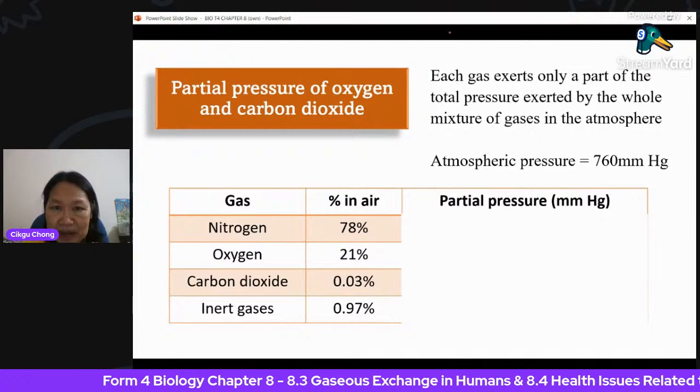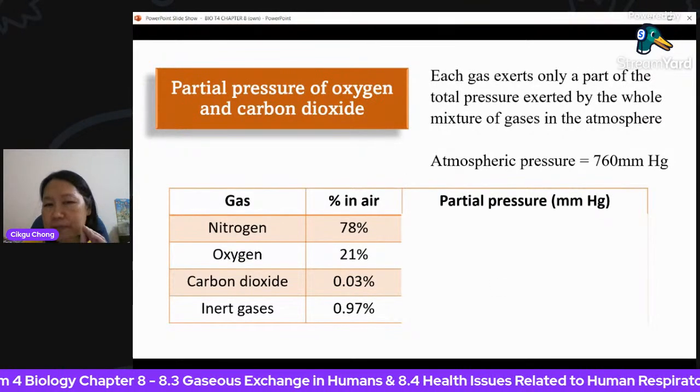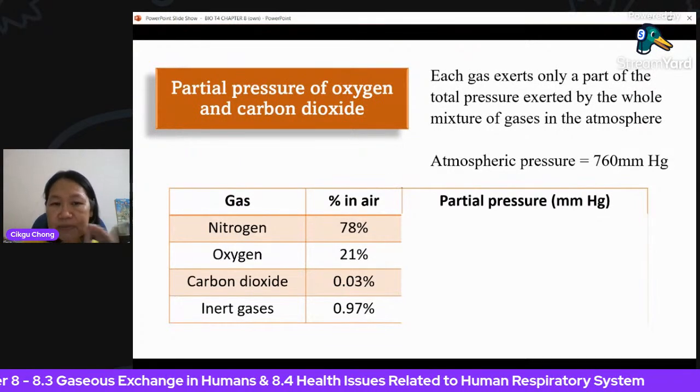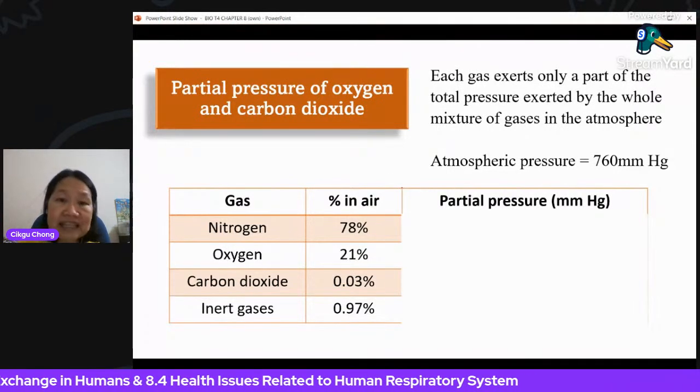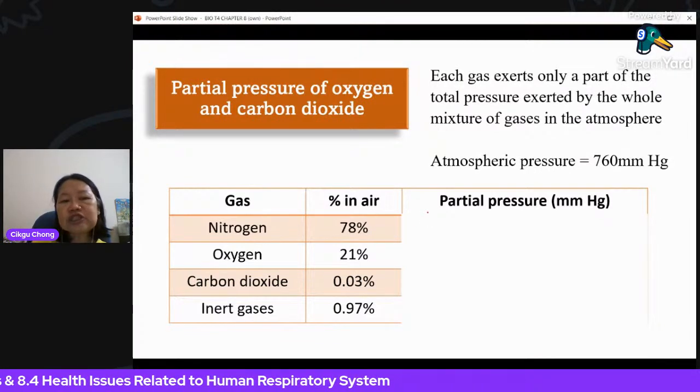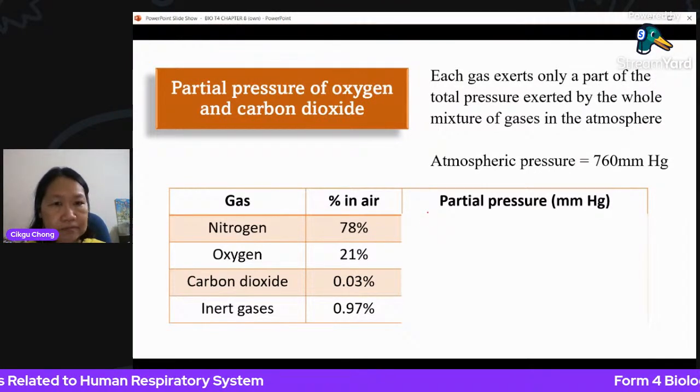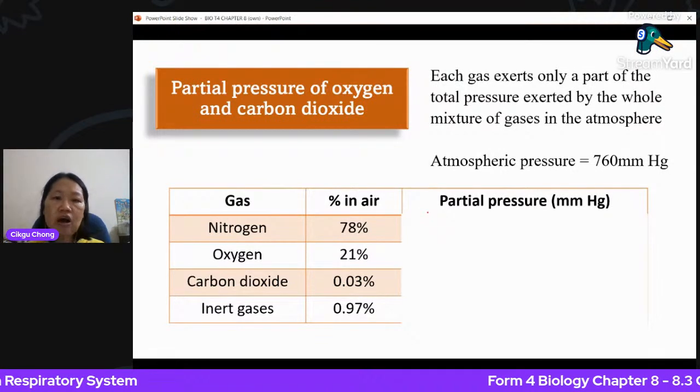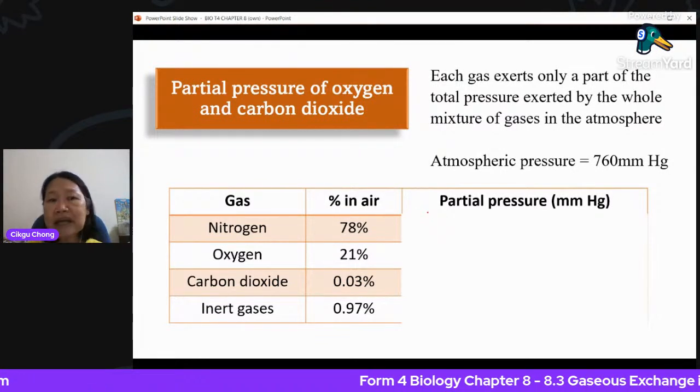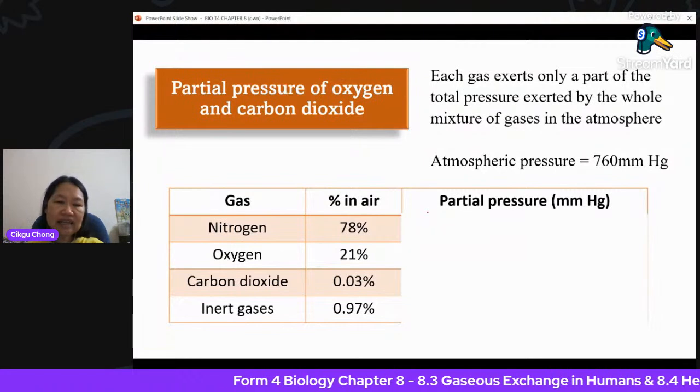So let's get back to this lesson now. How much partial pressure the gas has depends on the percentage. If nitrogen has 78%, that means the partial pressure of nitrogen will be higher compared to oxygen. It's a simple principle.